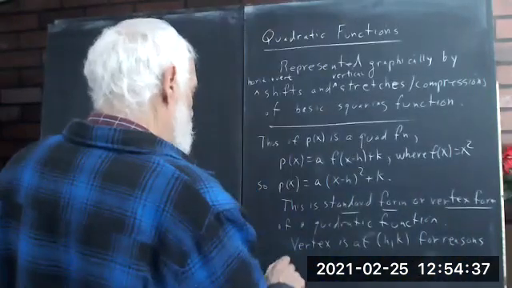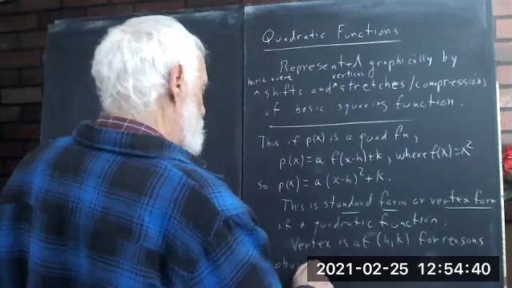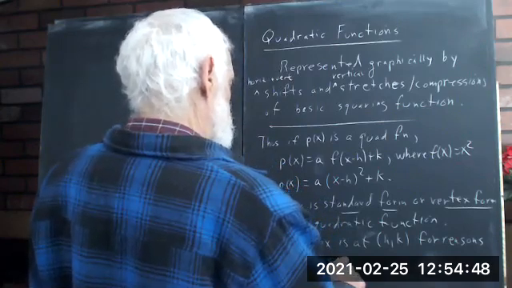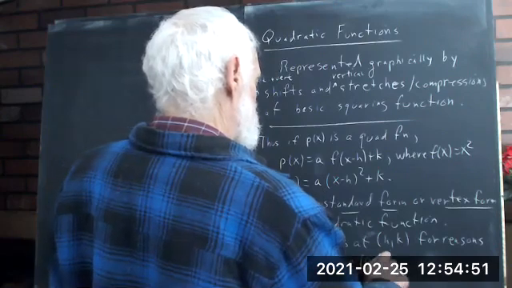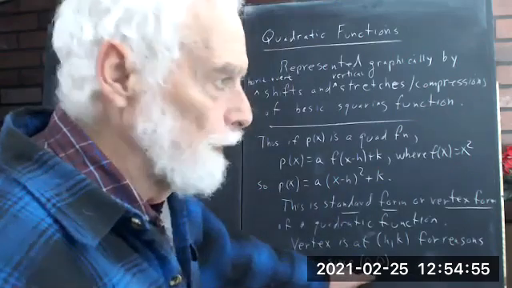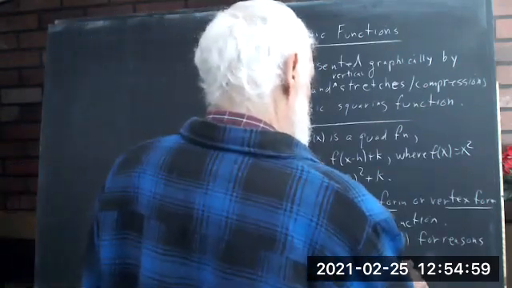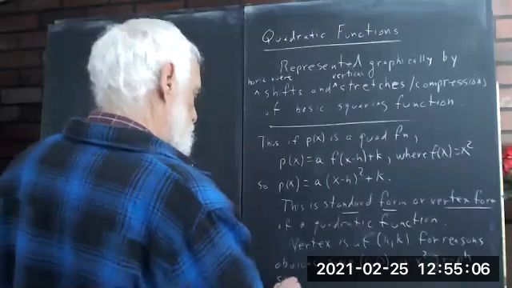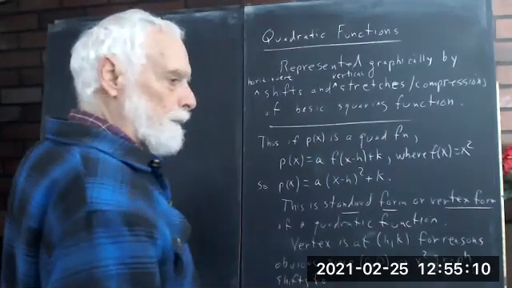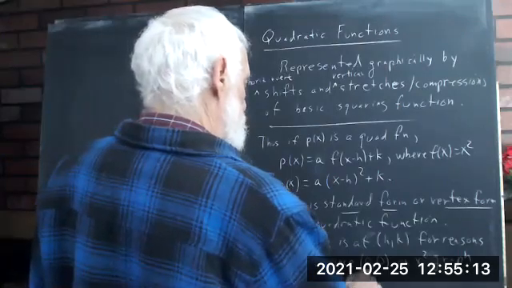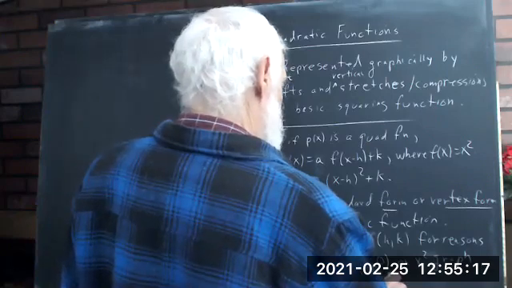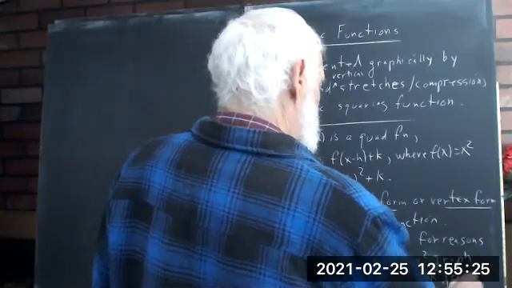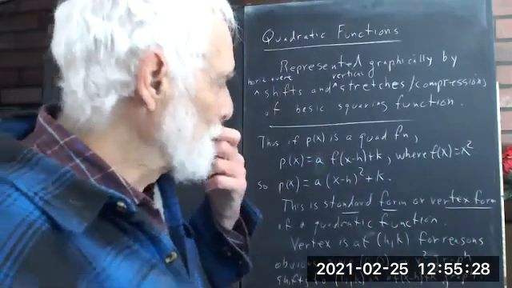For reasons that are obvious, since the vertex 0, 0 on the x squared graph shifts to hk on any a f of x minus h plus k graph.